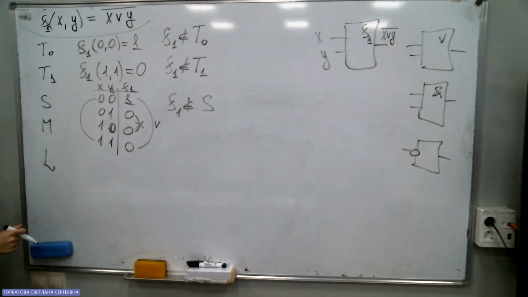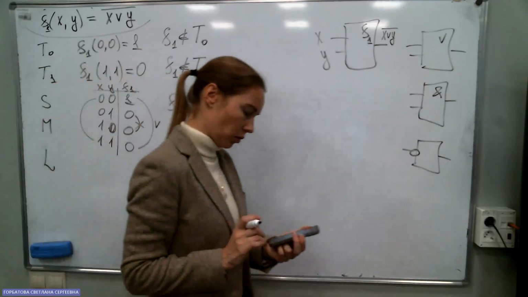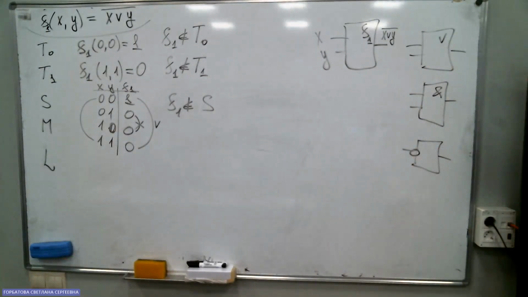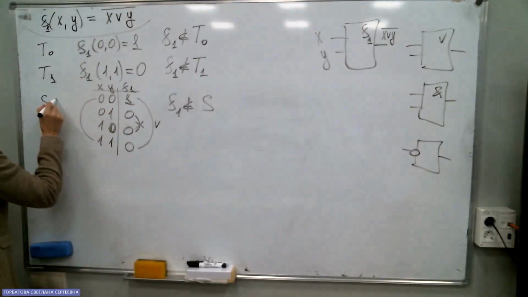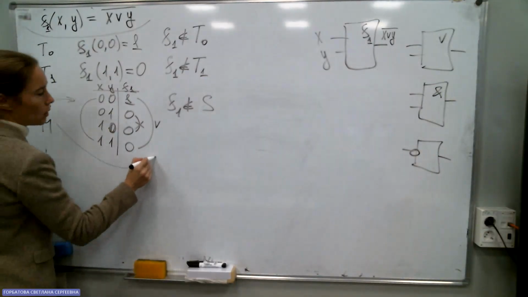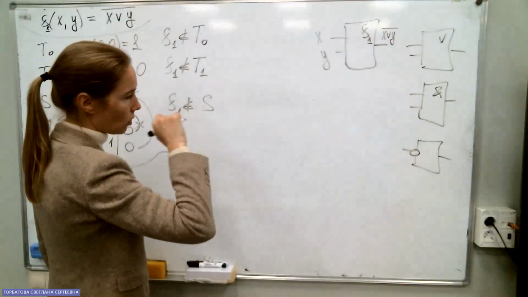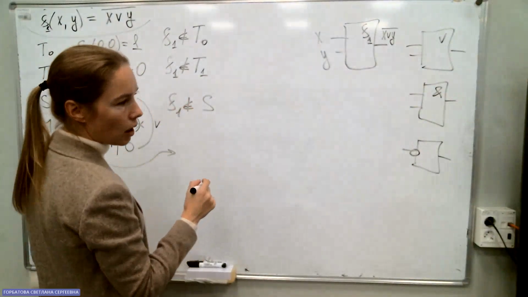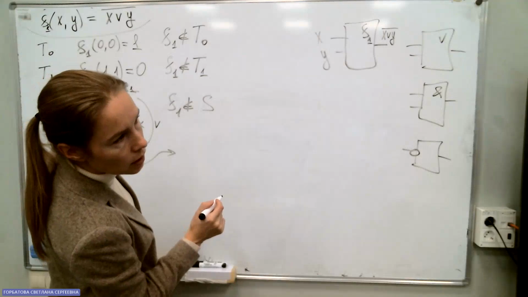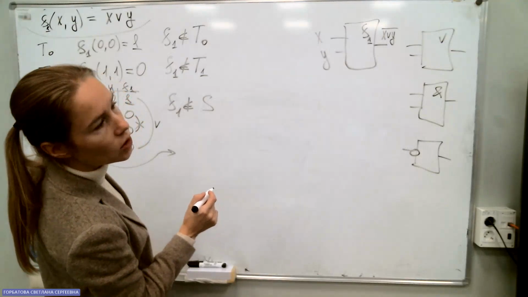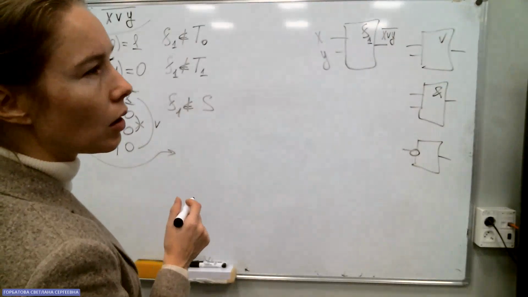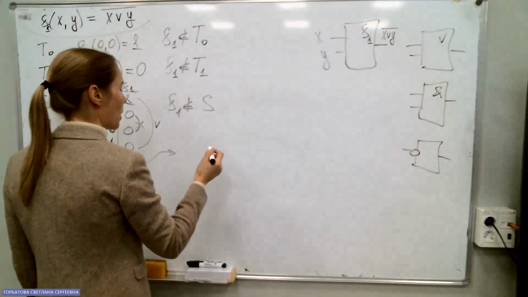Monotonic. So, monotonic class. You can see the rule on slide number 4, presentation 6 class, functional completeness.